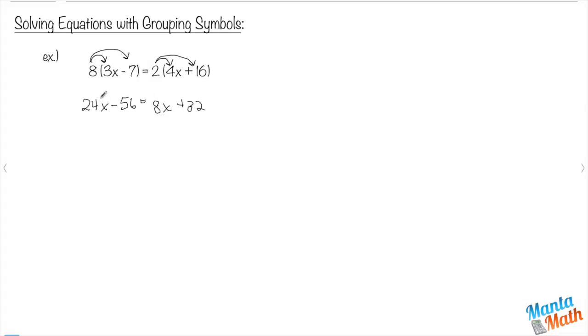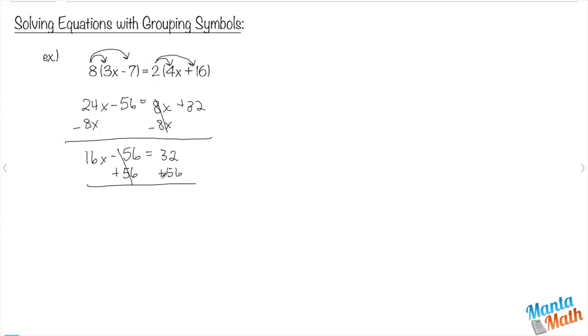We see a 24x and an 8x, and we want to get them all into one side. 8 is obviously our smaller number, so subtract 8x from both sides. This cancels out here. So 24x minus 8x gives you 16x minus 56 equals our 32. We want to add 56 to both sides to get the x by itself.